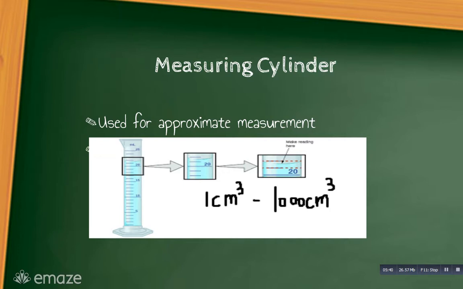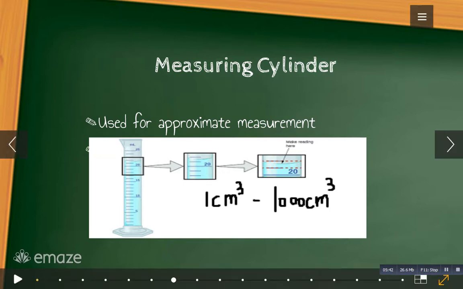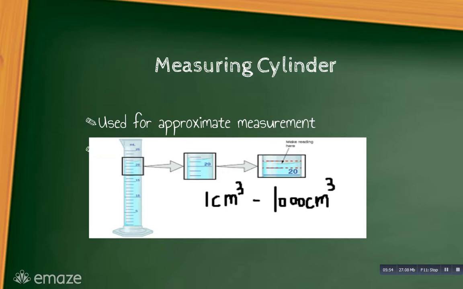Now, what are burettes, pipettes, and volumetric flasks? Basically, these you will see while attempting paper 3. Paper 3 is related to practical procedures, and these apparatus are involved in titration. The first one, the picture you're seeing, is of a burette.